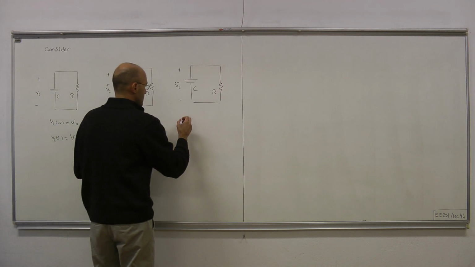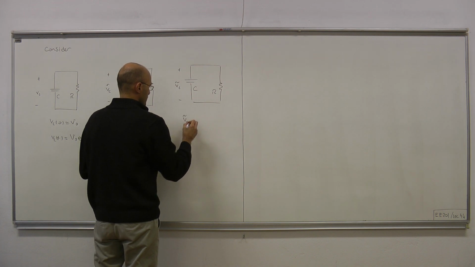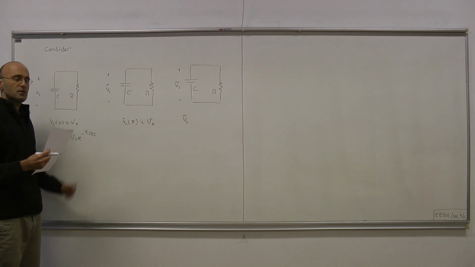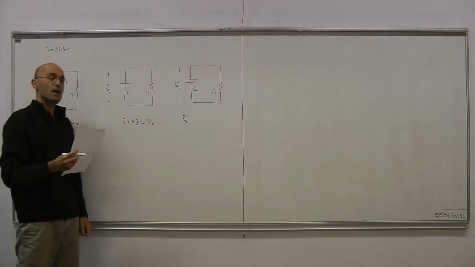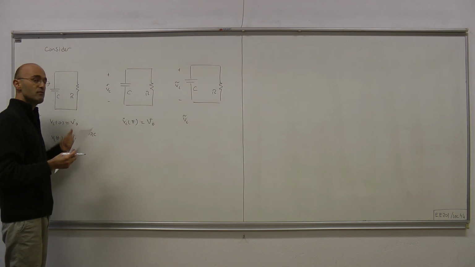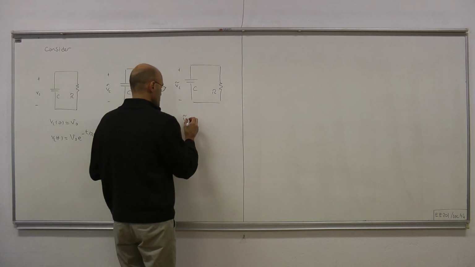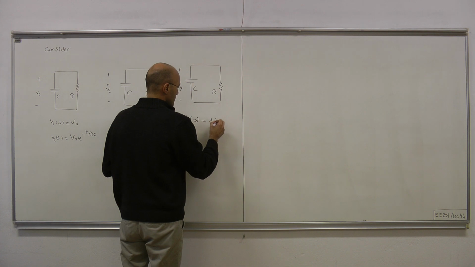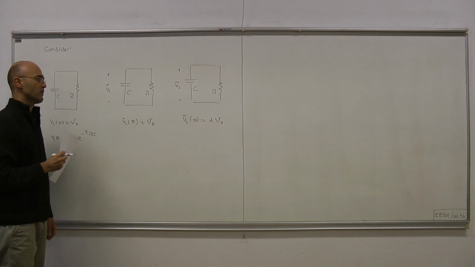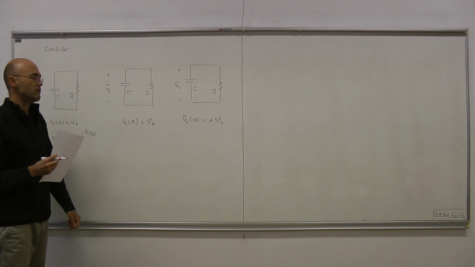And in the third experiment, we start at t equals 0. We use the same initial time, but we use a scaled version of the initial condition of the first experiment, namely VC0 equals some scalar lambda times this initial condition V0.